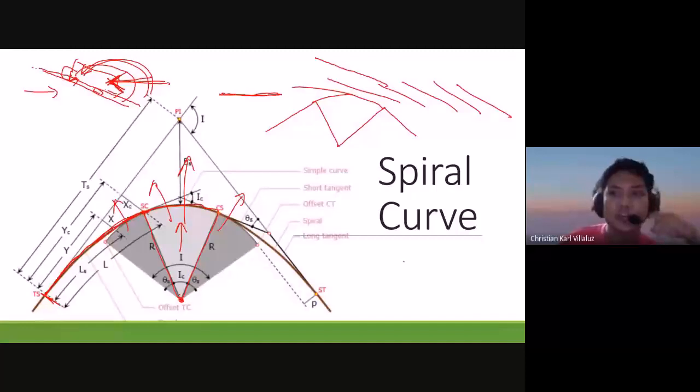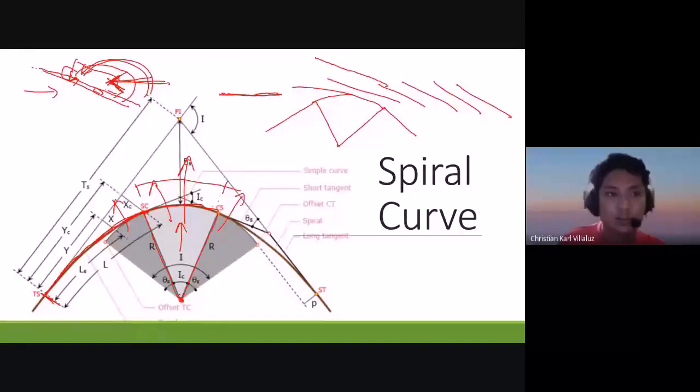Yeah. So, magkakaroon ng transition din. So, kaya kung mahalata nyo, dun sa parang midsection ng ating roadway na may horizontal curve, nandun yung pinaka mataas na slope.